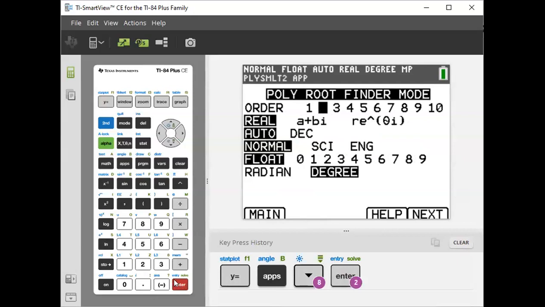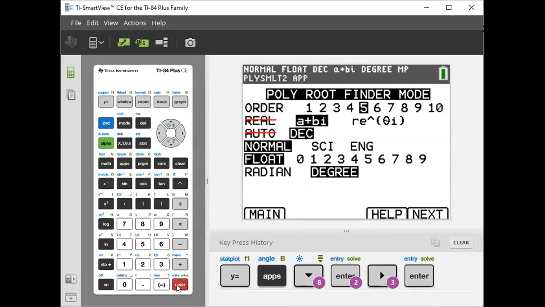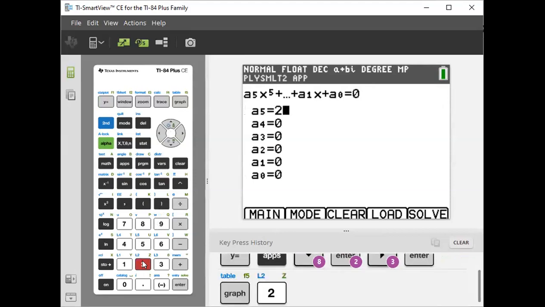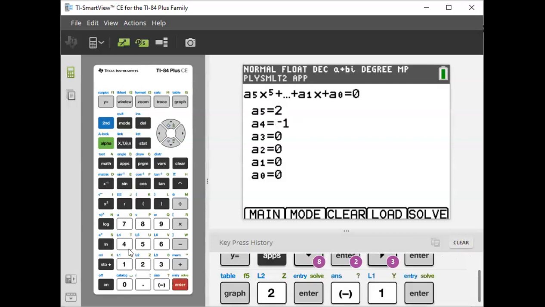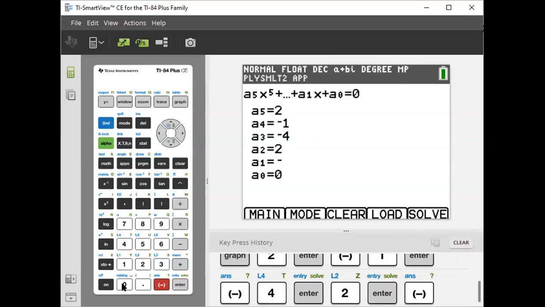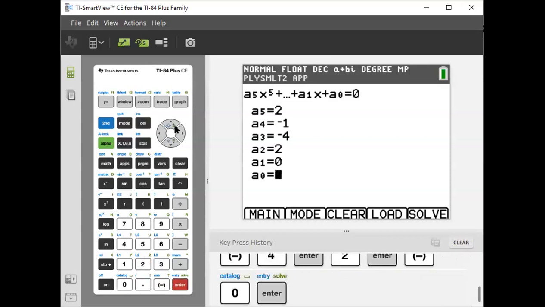and I'm going to type in my function, and it is something to the 5th degree. So I'm going to type in 5, hit next, and type in 2x to the 5th, negative 1x to the 4th, negative 4x to the 3rd and 2x squared, negative 30x, sorry, negative 30, and then plus 15.